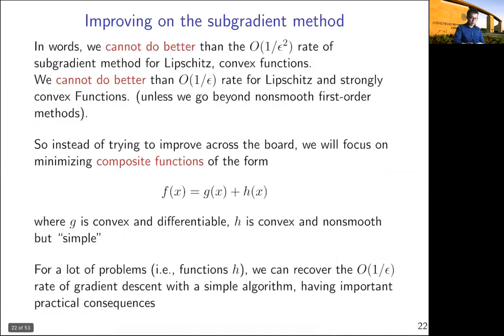So what are the other improvements that are possible for non-smooth optimization problems?